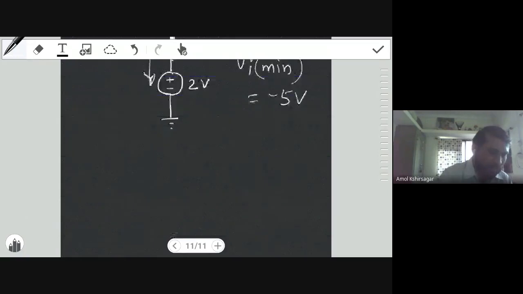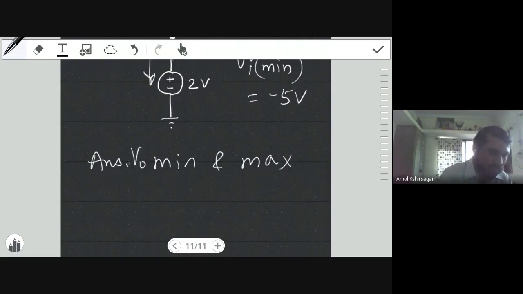And in the answer, the minimum part and then maximum was asked. So output voltage V0 minimum followed by V0 maximum. So V0 minimum came out to be minus 5 volt and V0 maximum came to be 3.85 volt.